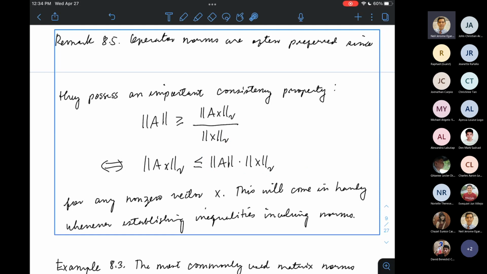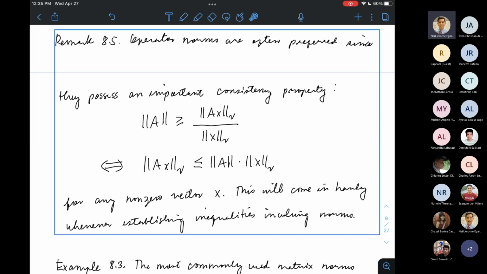Kasi ayaw natin na yung isang maliit na vector x ay magkakaroon ng super laking magnitude after transformation by the matrix A. Though I don't want to go there into a more detailed explanation on that kasi pang linear algebra siya.